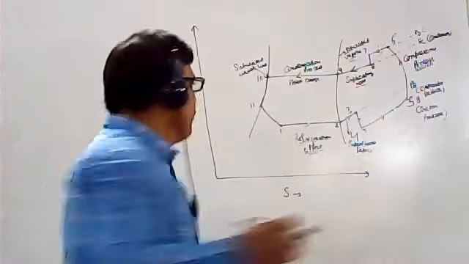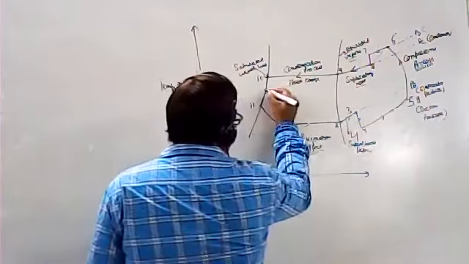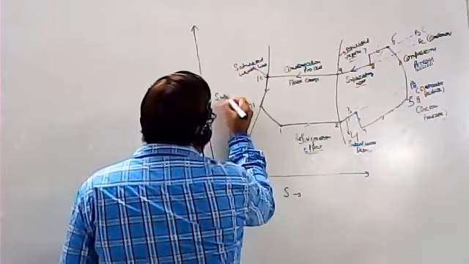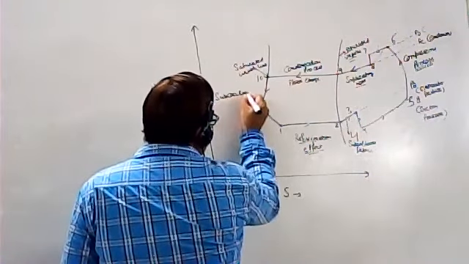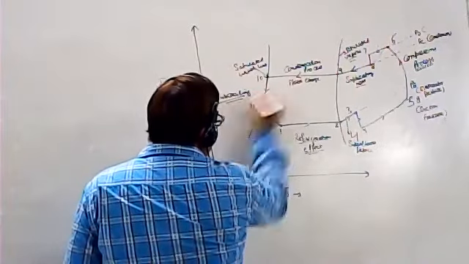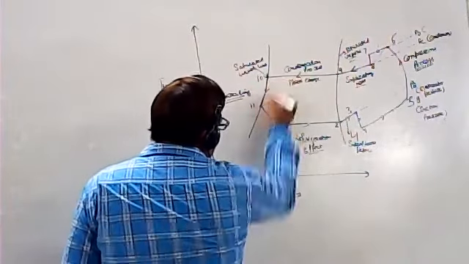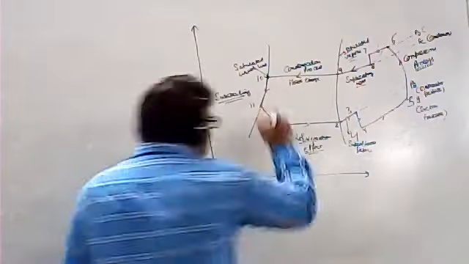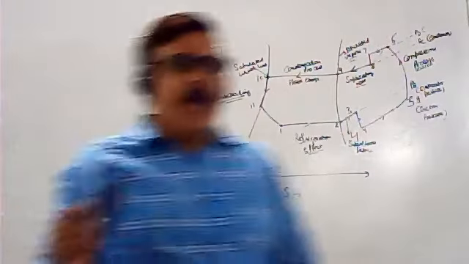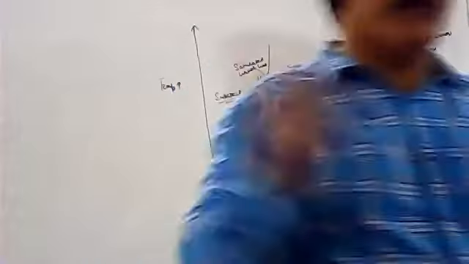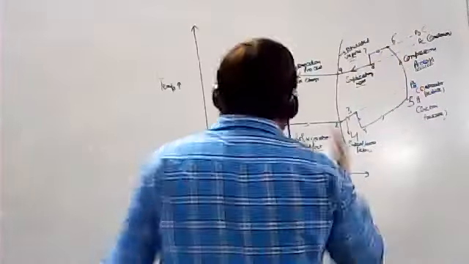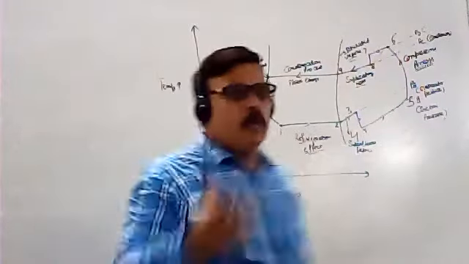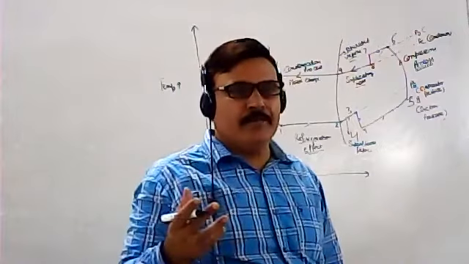After this, from 10 to 11, subcooling is there. This means the refrigerant is again subcooled after condensation.